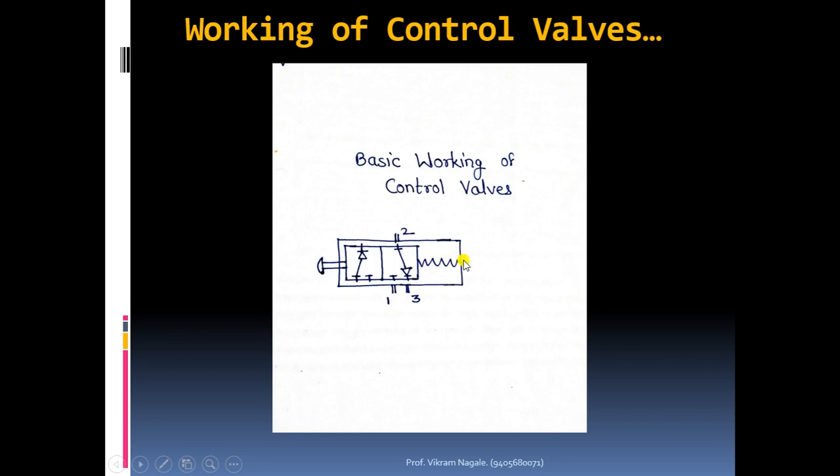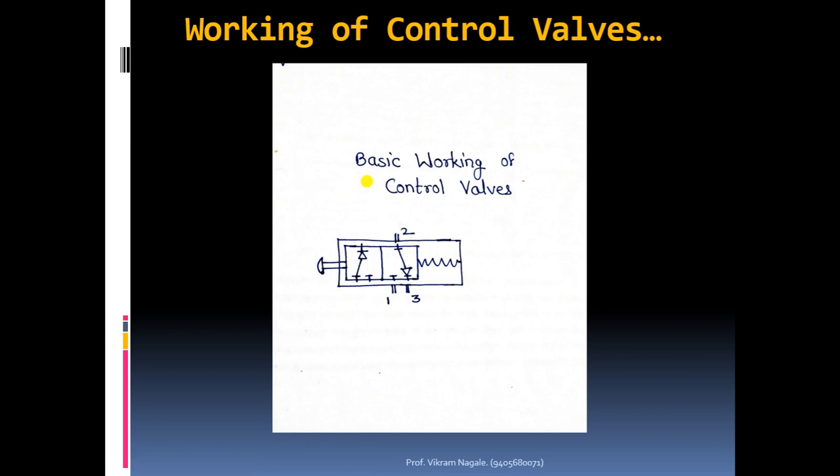Whenever we release the pressure on the left hand side, this block will not come back to the initial position. Why? Because there won't be any force on the right hand side of this valve. In that case, we have to apply pressure on the right hand side of this valve using compressed air. Whenever we apply compressed air over here, the block will slide to the left side, that is, come to the initial position.